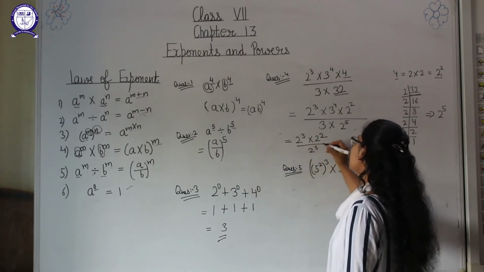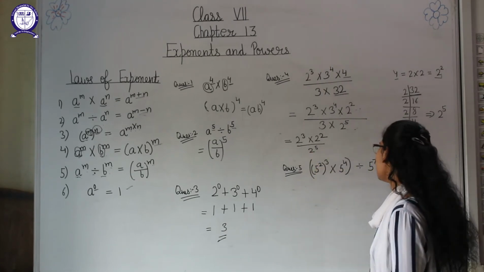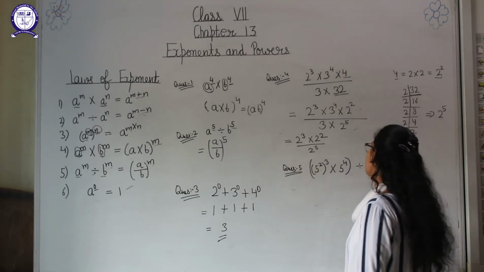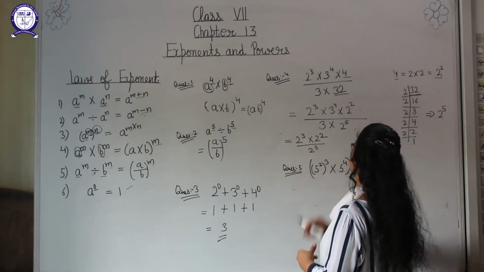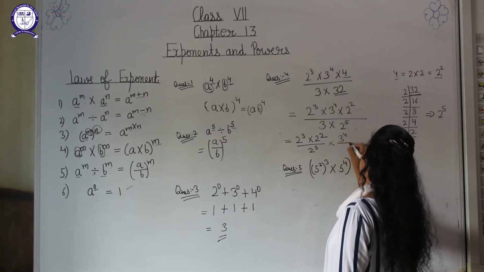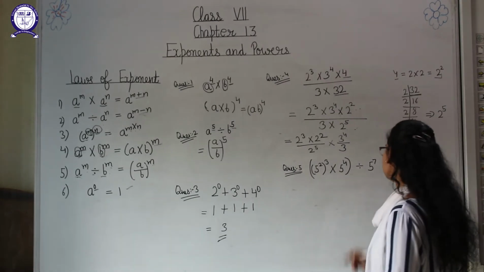Here I have combined the terms with same bases. Okay. Now here is 3 raised to the power 4 and in the denominator it is 3. Okay, like this we can solve.